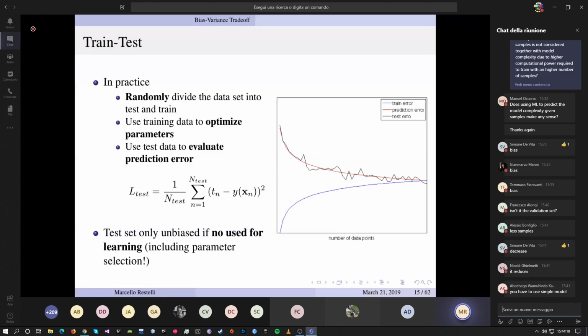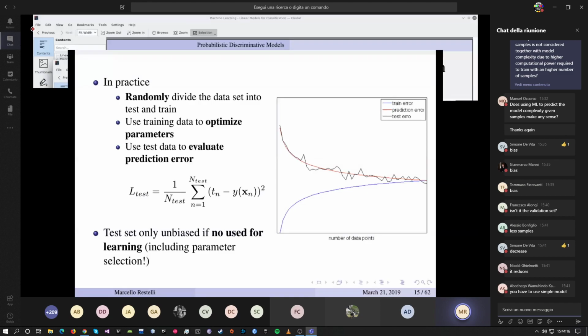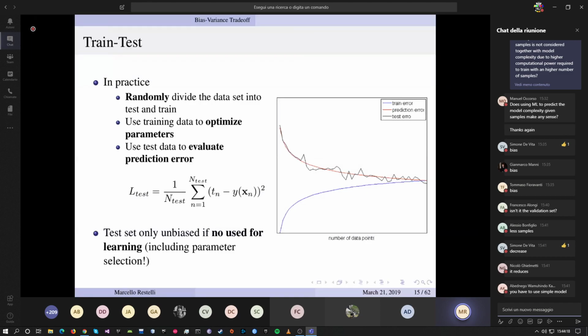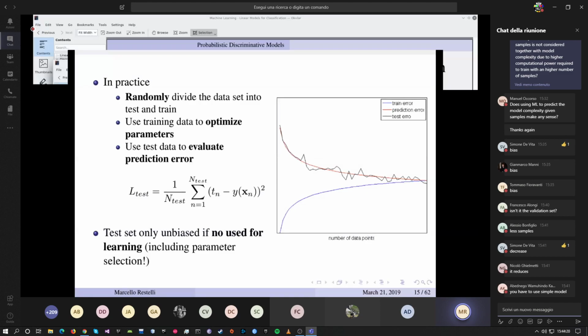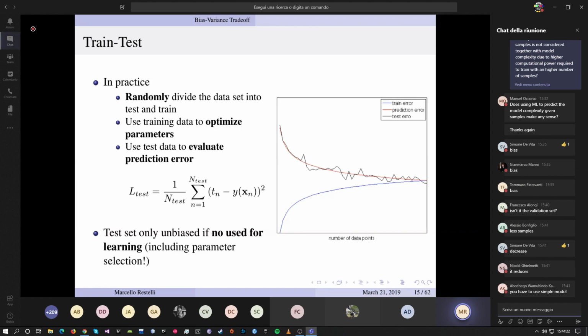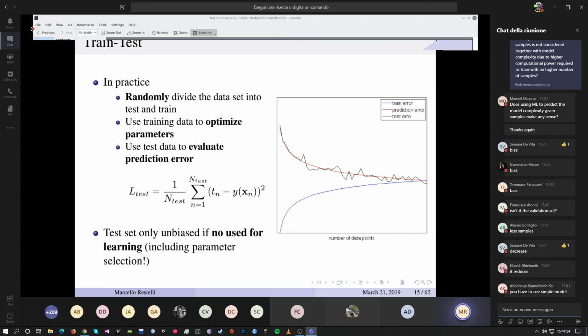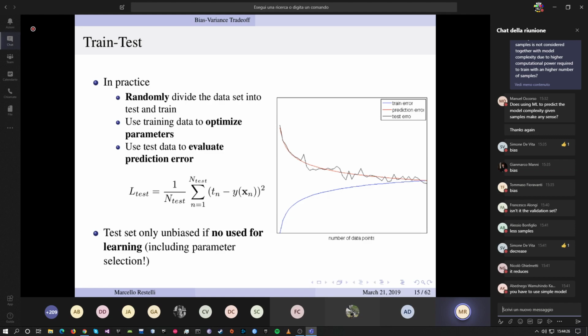As you add more samples, the train error increases. This plot is with a fixed model complexity, so we fix the model complexity and now increase the data. Of course, if I fix the model complexity and increase the data, the train error will grow.